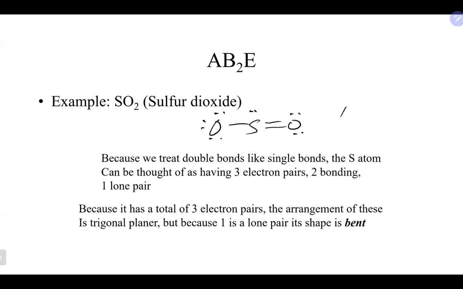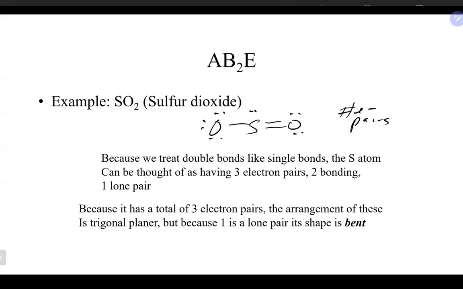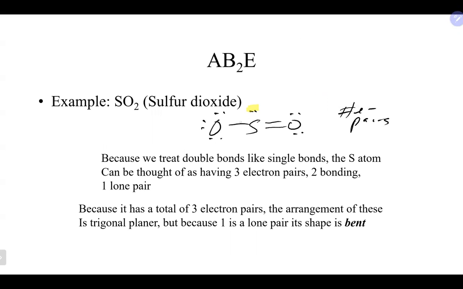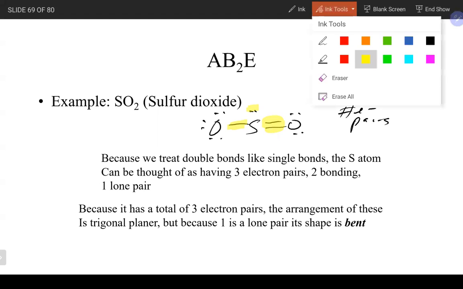So if we look at the number of electron pairs here around the sulfur, in this case, we have 1 electron pair, 2 electron pairs, and our double bond counts as only 1 electron pair. So this is a grand total of 3 electron pairs in this case.